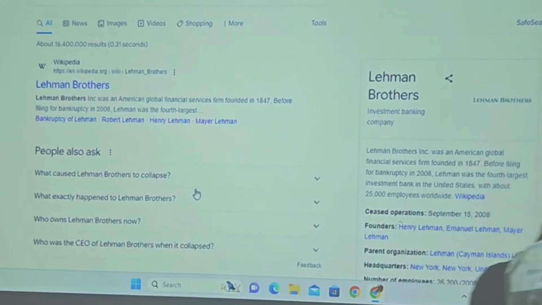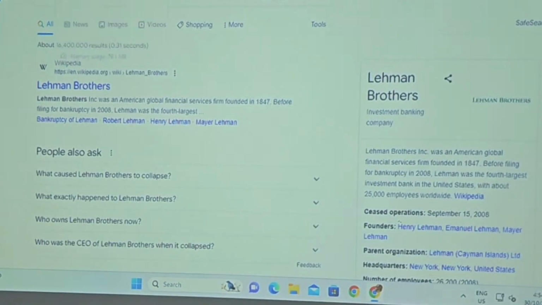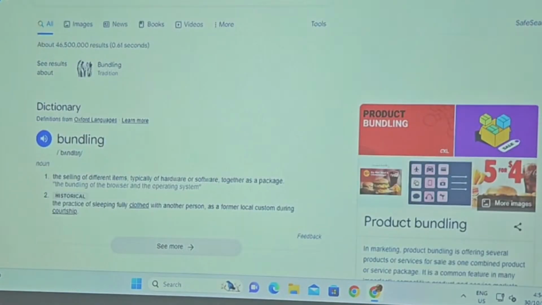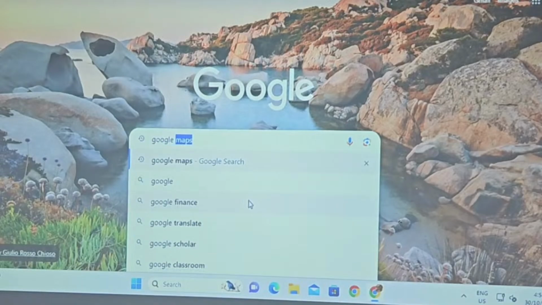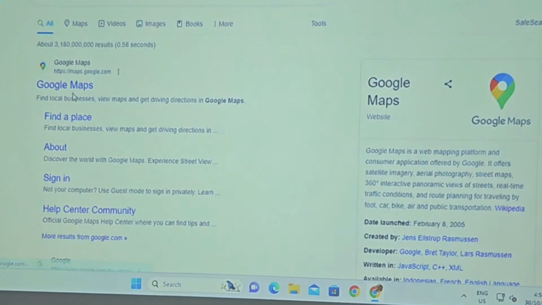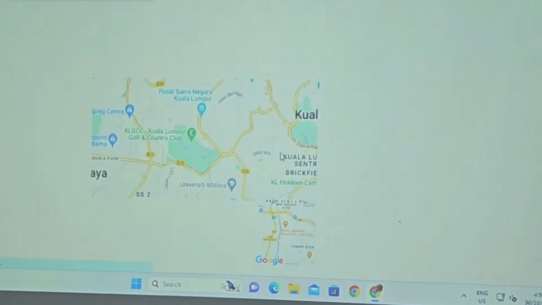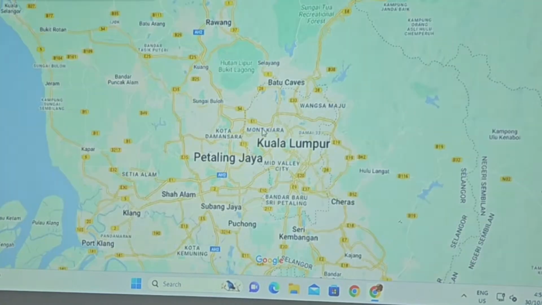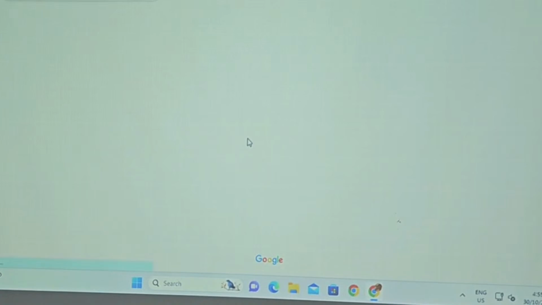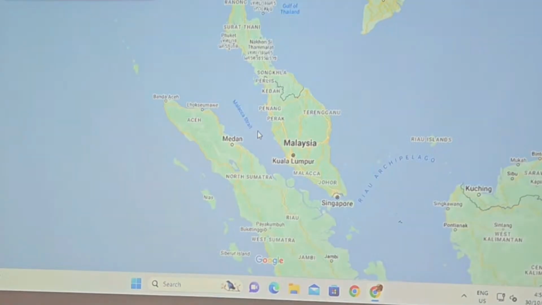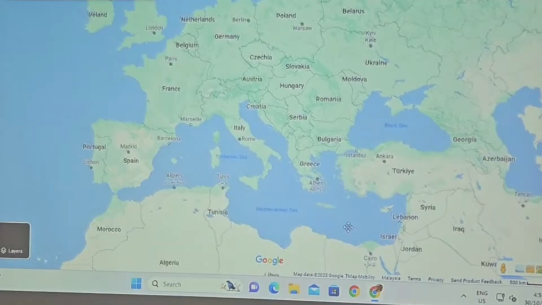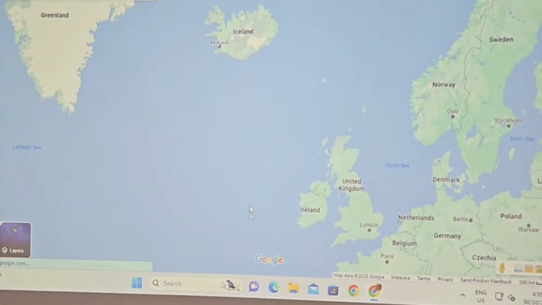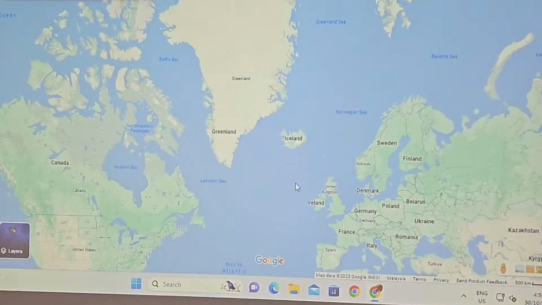And which country went bankrupt? Which country?